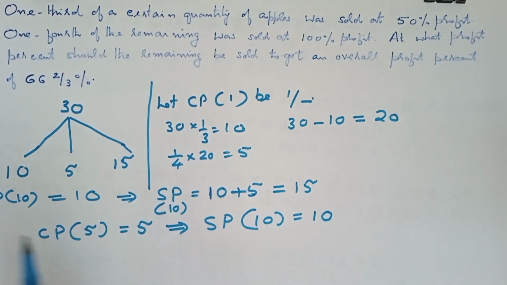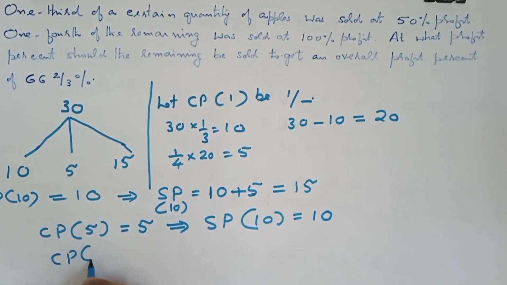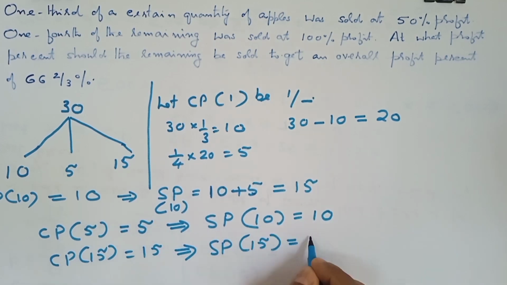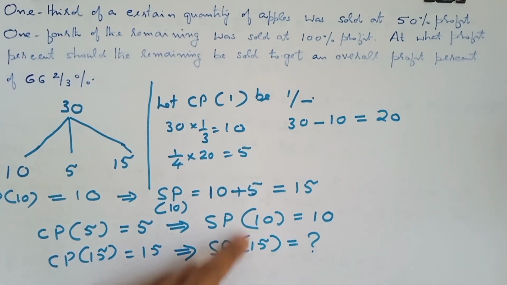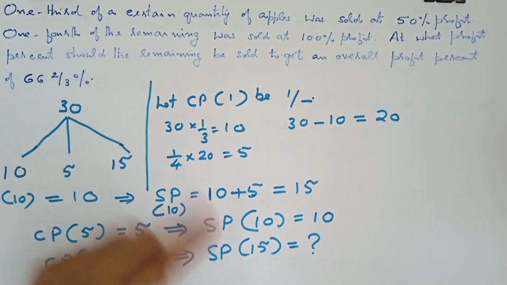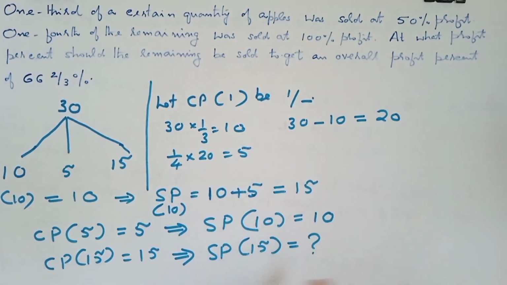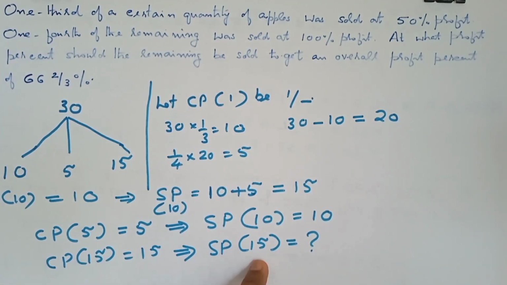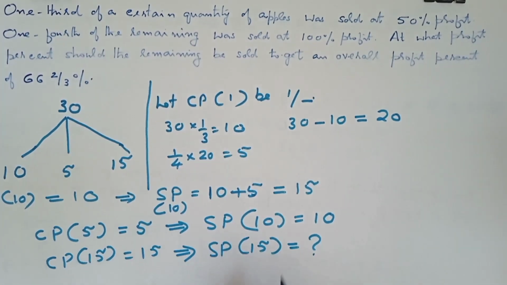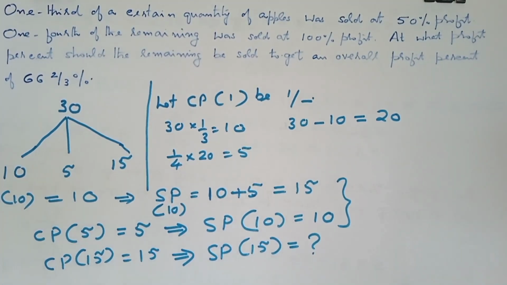Now you look at the remaining part. CP of 15, that's 15. Now we need to find out SP of so much. Actually we are asked to find out the profit percentage on the remaining. To get that profit percentage, we need to get SP of the remaining, which is 15. How do you find out SP of the remaining? If you combine these two, what do you get?